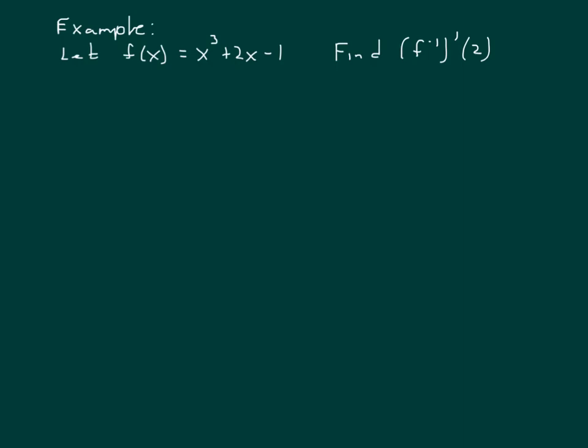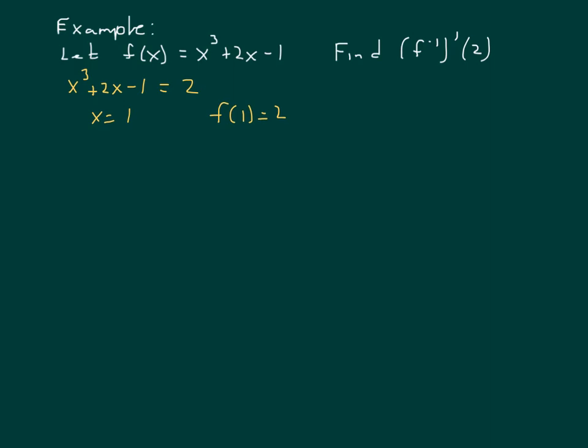So to start out, I'm going to set x cubed plus 2x minus 1 equal to 2. Looking at that, you'll notice that this is true when x equals 1. And so therefore, I know f of 1 equals 2.